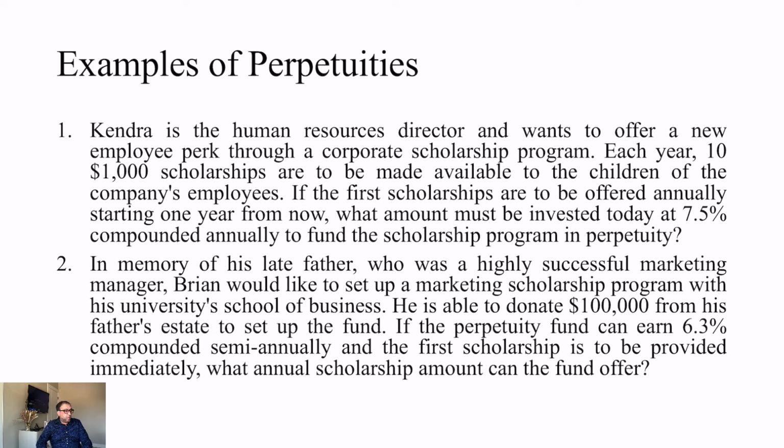We want to find out what will be the PMT for this perpetuity if we invest $100,000. So let's see here, we want to invest, that's a present value due here because we want to pay immediately, right? So it's a beginning.